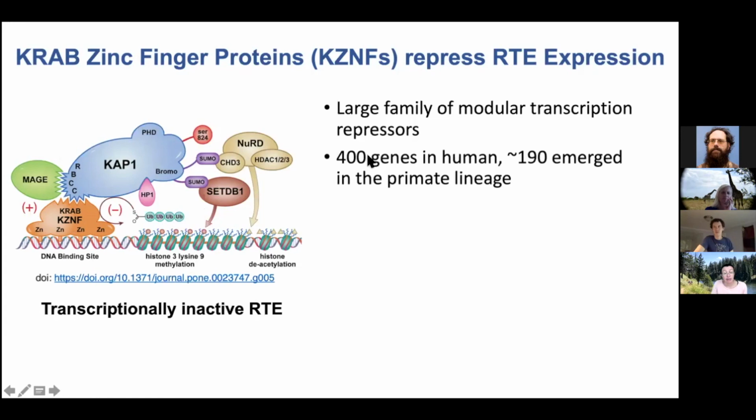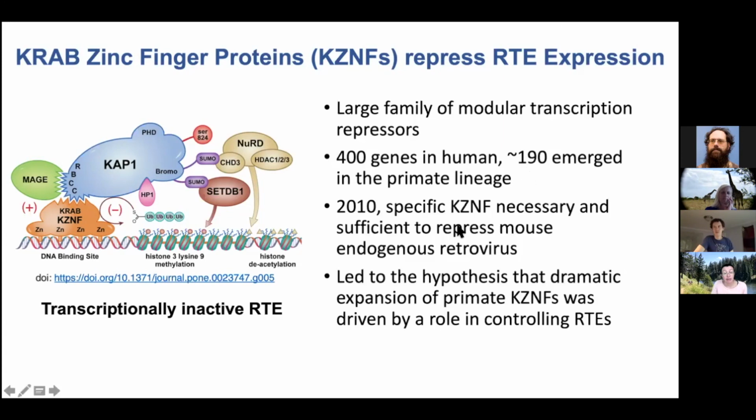This is a large family of genes. There are about 400 in the human genome, and in fact, 190 of these have emerged recently within the primate lineage. Back in 2010, a couple of studies established that a specific KRAB zinc finger protein was both necessary and sufficient to repress a mouse endogenous retrovirus and its mobilization in the mouse genome.